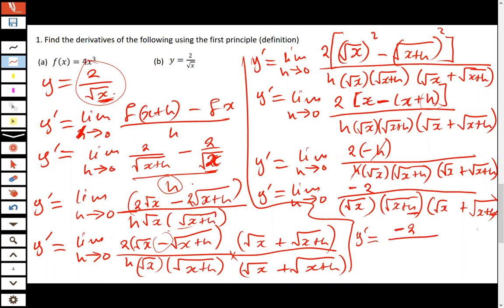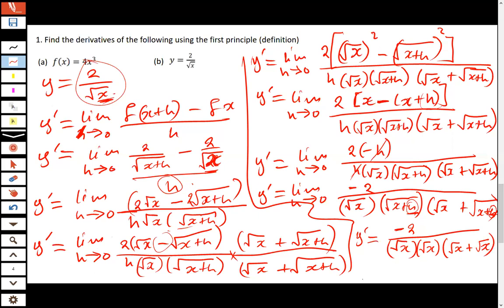And then down here, we're going to remain with the root of x multiplying. Here, if we put a 0 there, we'll just remain with the root of x. Then if we put a 0 where there's h here, we'll have the root of x plus, this side will also just remain as the root of x.